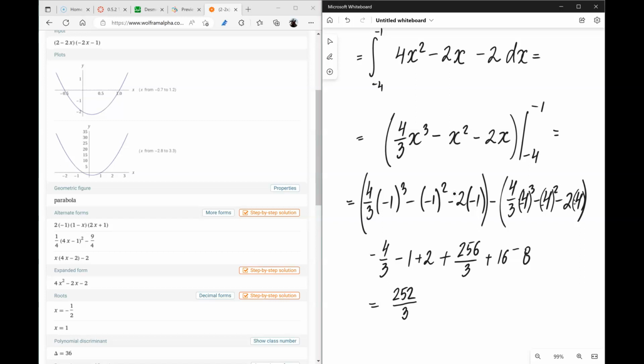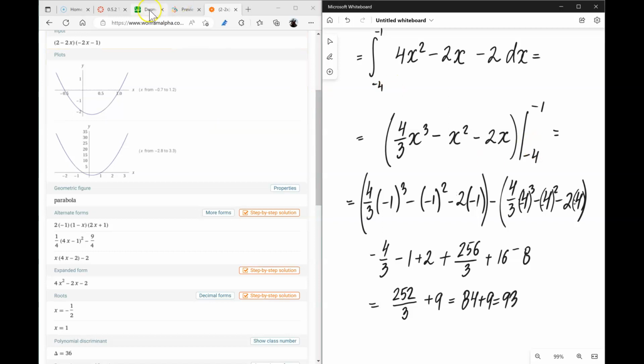Minus 1 plus 2, 17 minus 8 plus 9. And 252 is divisible by 3. That's 84. And 84 plus 9 is 93.